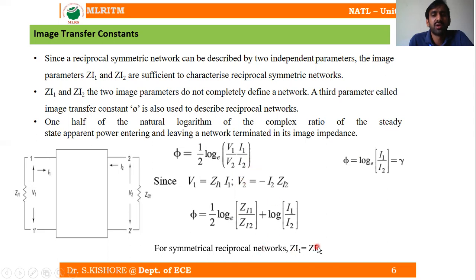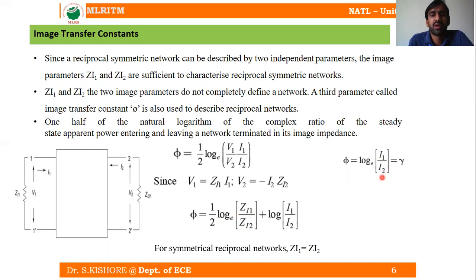If the network is symmetrical, Zi1 is equal to Zi2, this cancels and becomes unity, so phi is equal to log base e of I1 by I2.